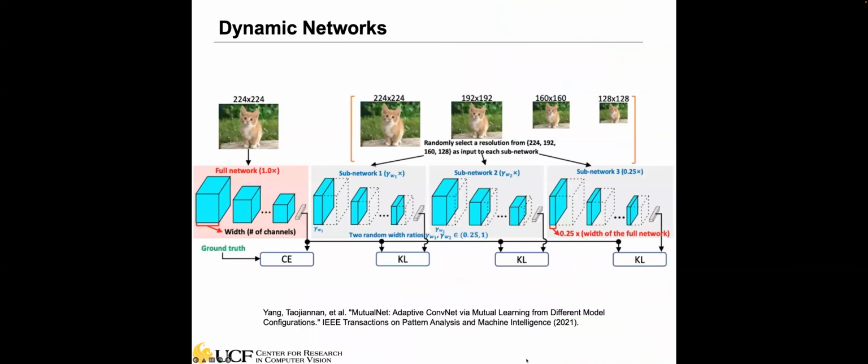And this one, MutualNet, is actually from my group, from my student Yang. He is also trying to propose an adaptive network, but here he considers two factors. One is the input resolution, and the second is the network dimension.